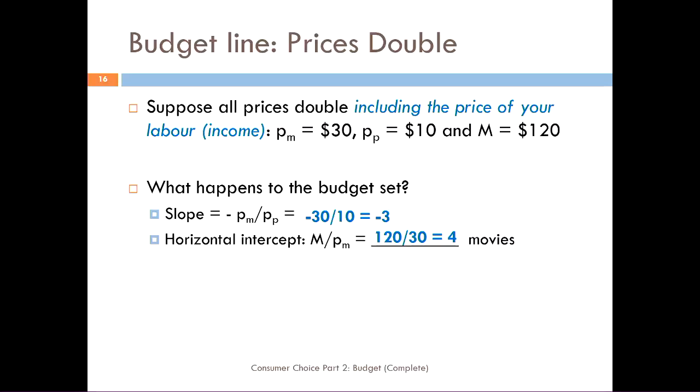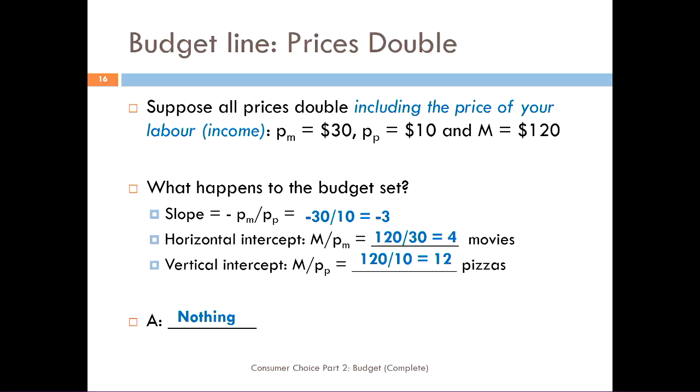What about the vertical intercept? Same idea. You have $120. Pizzas cost $10 now. That means you could buy at most 12 pizzas. But that's what you could buy before. So notice that the intercepts haven't changed, the slope hasn't changed. That means the budget line is exactly the same.